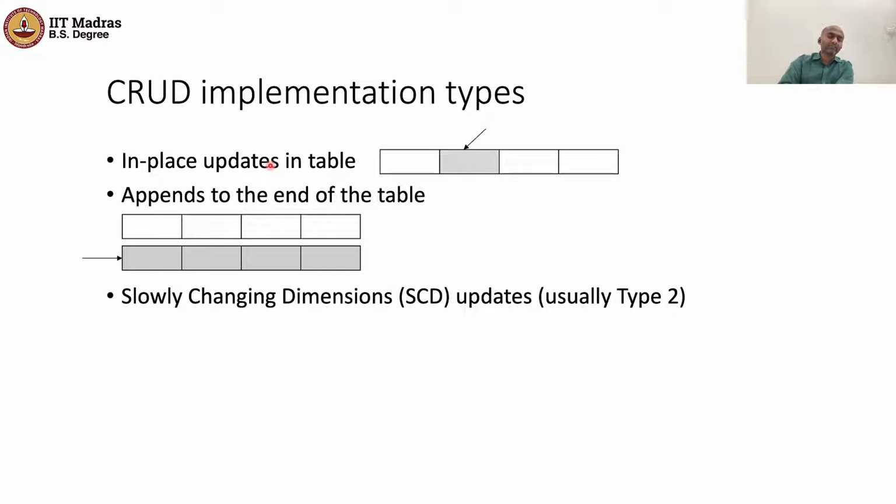So, how is CRUD itself implemented by software? Now, the software decides how do I deal with changes to the dimension table. Now, database supports multiple ways in which you can change, right? But the software is the one which is choosing to use a specific implementation.